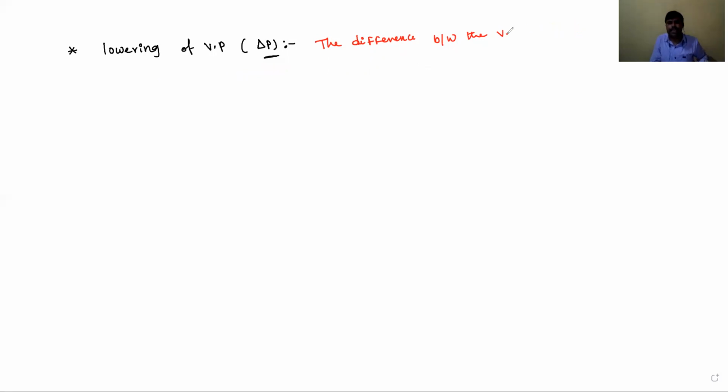The vapor pressure of solvent is more when compared to solution. That's why delta P is the difference between the vapor pressure of solvent and vapor pressure of solution.